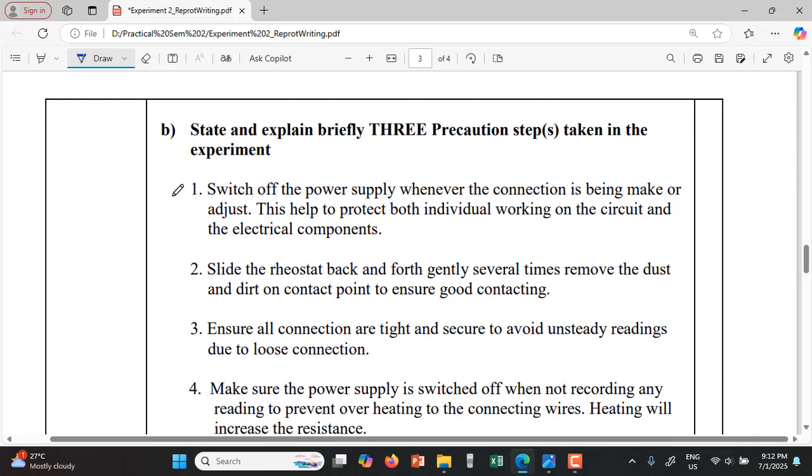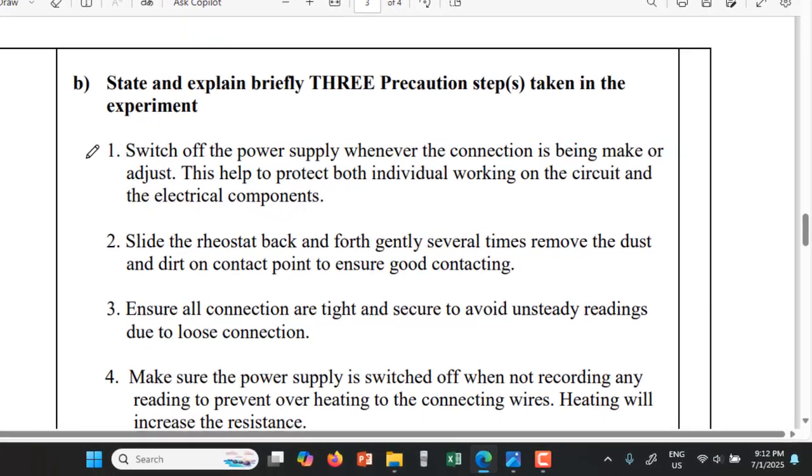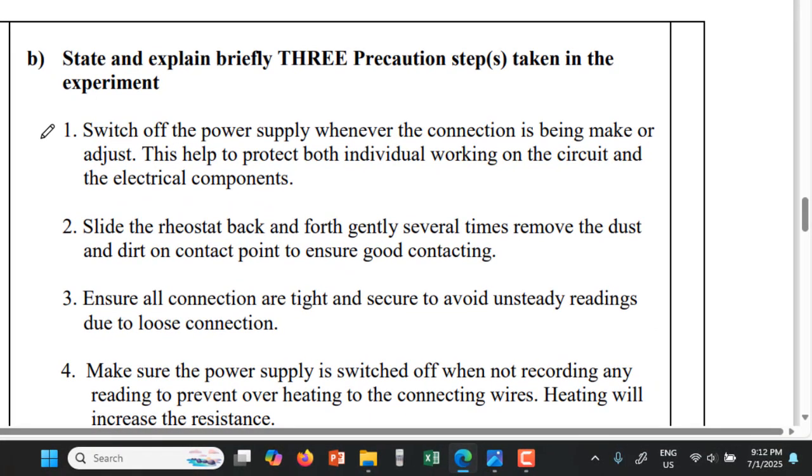So seperti biasa kelas, bila kita lakukan sebarang eksperimen yang melibatkan pemasangan litar elektrik, kita perlu pastikan kita switch off the power supply whenever the connection is being made or adjusted. Why? This one is in order to protect both the individual working on the circuit and the electric components that we use. Okay, so itu adalah precautions yang paling general bila kita nak buat pemasangan litar.